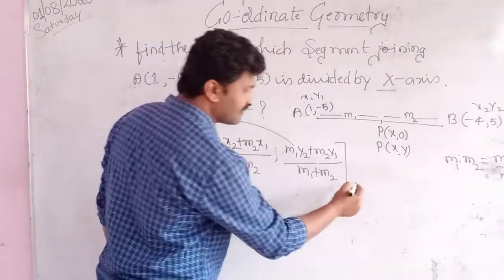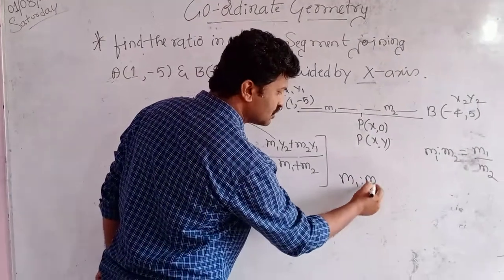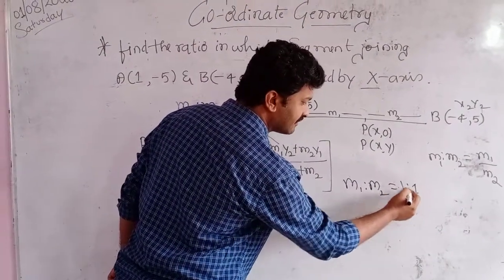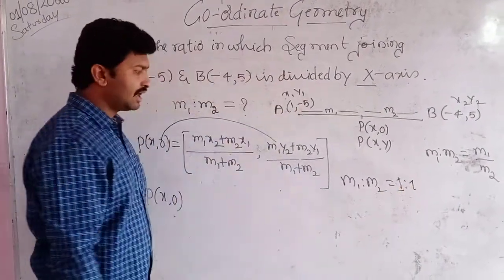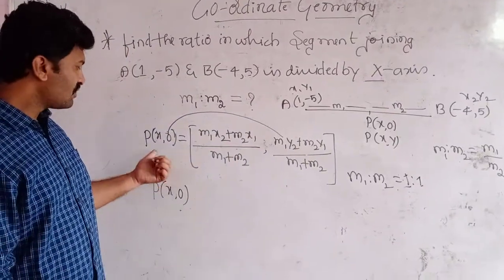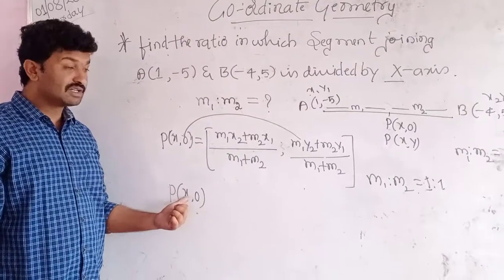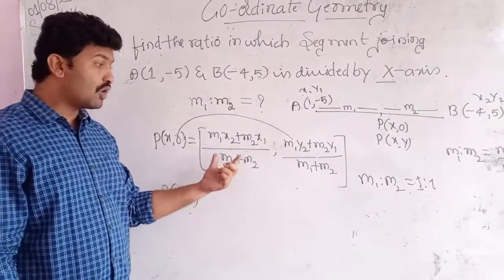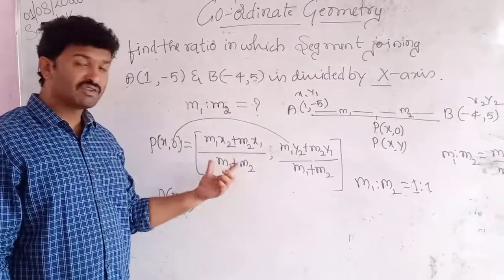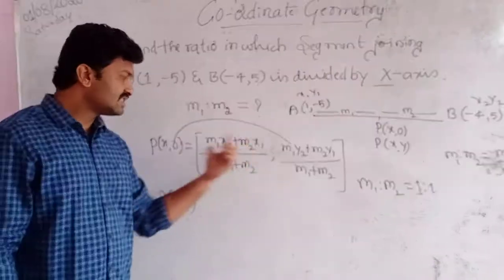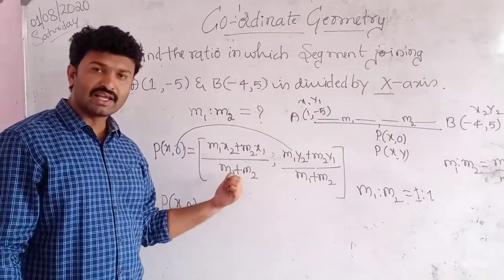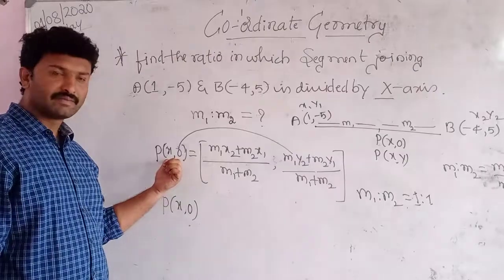Just now we got m1 is to m2 as 1 is to 1. Now we have to find the value of x. Just substitute all the given values in this section formula and you will get the value of x.